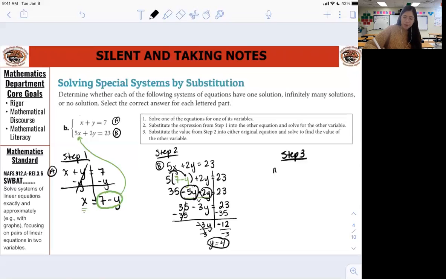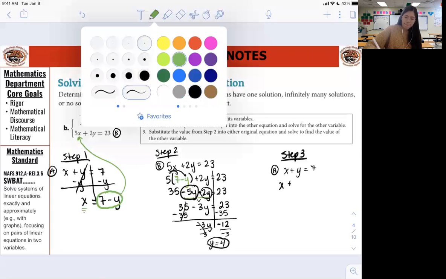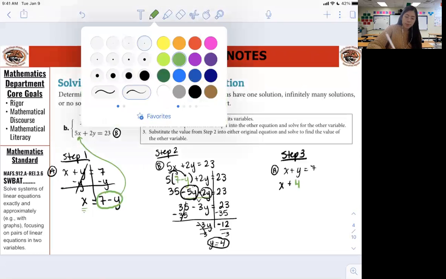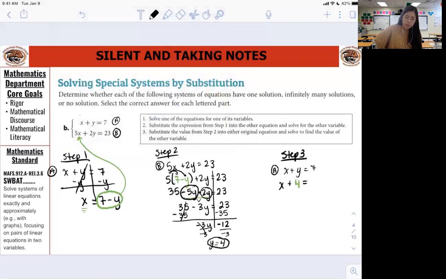You always want to pick the one that's going to be less complicated. So for that reason, I'm picking equation A and I'm going to plug in 4 for y. It will work if you plug it into B. It does not matter which one you choose, but it is better to choose whichever one's a little bit simpler.